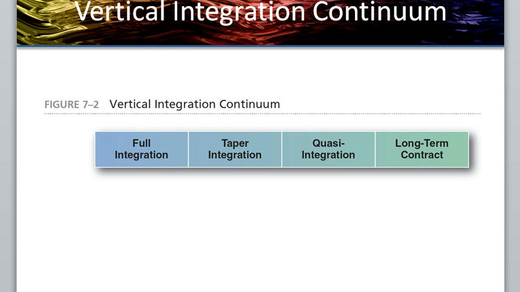Typically, most companies are tapered or quasi integrated, where they make some of their main products themselves. However, for some of the other products they may rely on subcontractors or other suppliers.